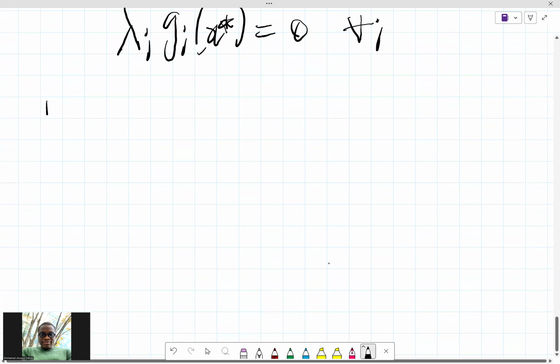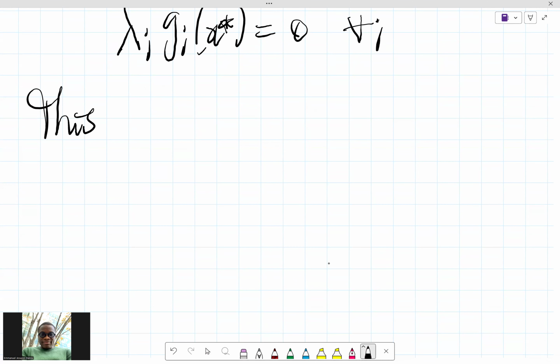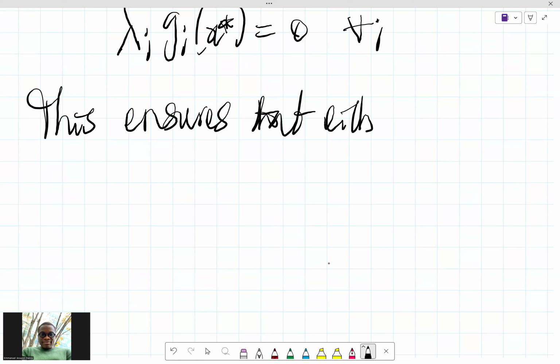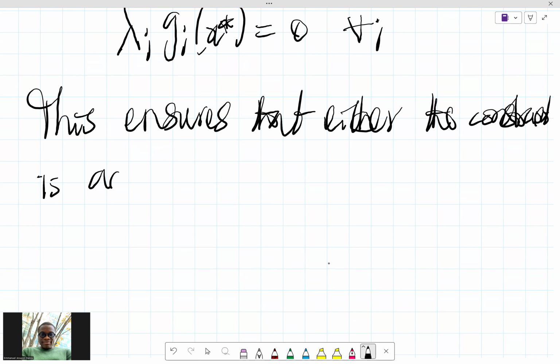So this expression for complementary slackness ensures that either the constraint, that's the constraint gi of x, is active.